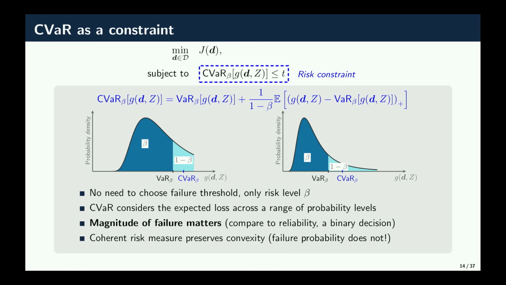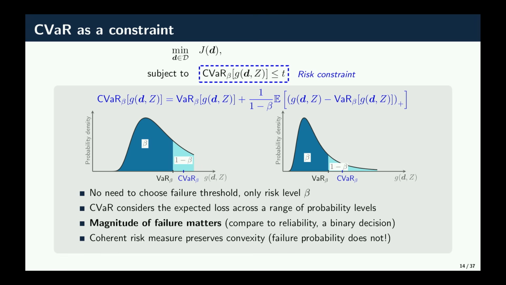I want the average of the 5% worst outcomes to be minimized if you choose it in the cost function, or you constrain it in a constraint, okay? So all you have to choose is what you want this beta to be, and mostly this beta is anywhere between 5% and 1%-ish.